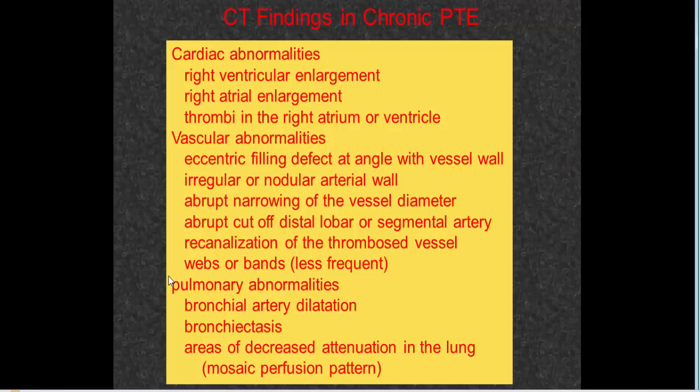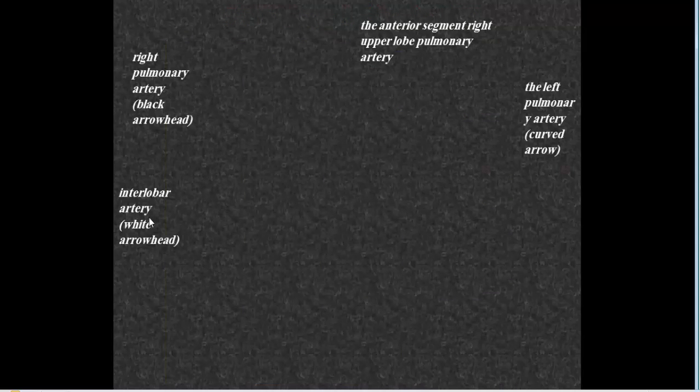Pulmonary abnormalities: bronchial artery dilatation, bronchiectasis, areas of decreased attenuation in the lung, mosaic perfusion.